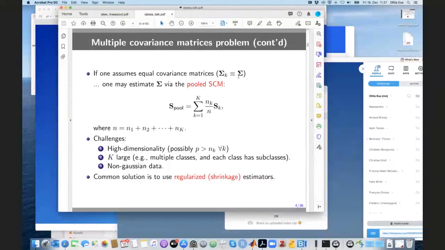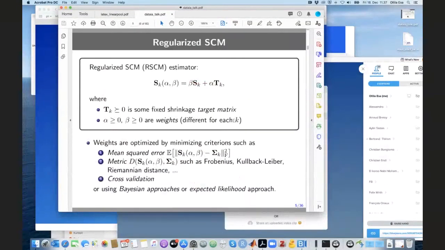When you face a problem of high dimensionality, you usually use an approach called regularization. The commonly used estimator in this case is the regularized sample covariance matrix, which is just a linear combination of the sample covariance matrix of the class and a target matrix.